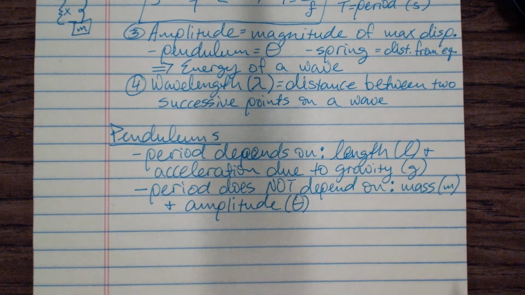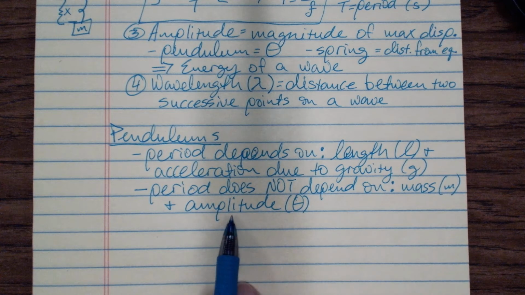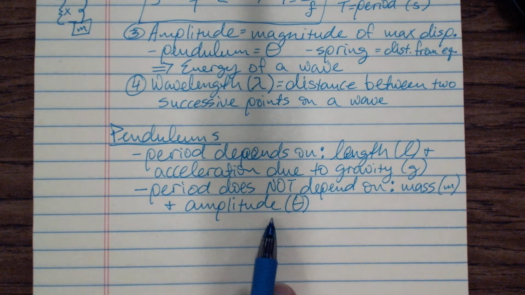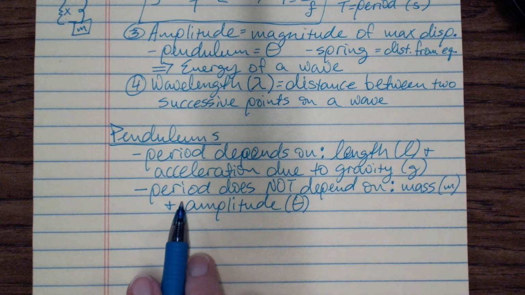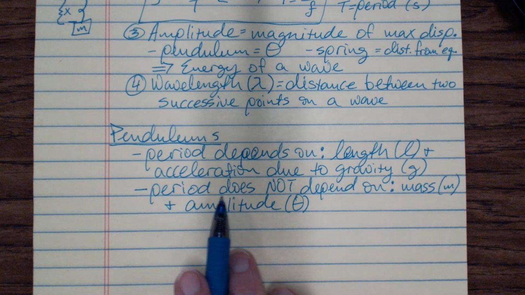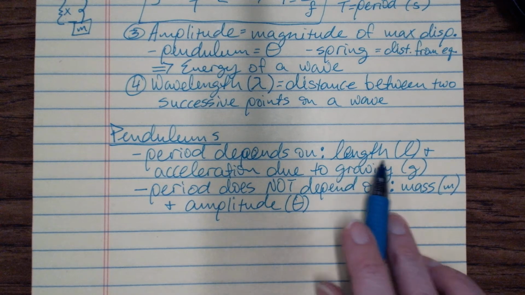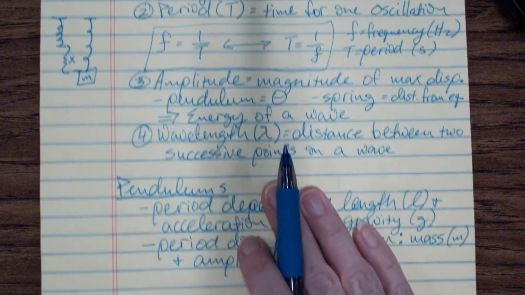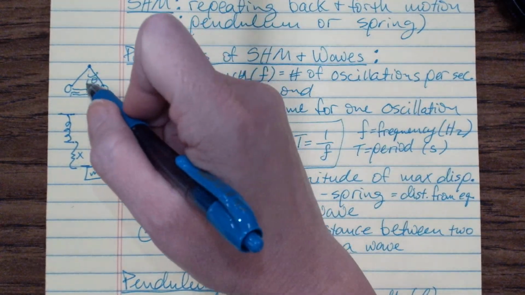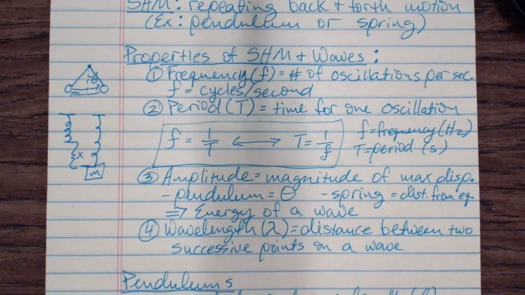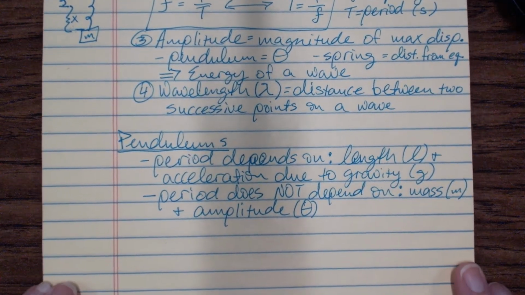It's still going to swing at the same angle if we take it to a different planet. No matter what mass we put on it, it's still gonna swing at the same angle, and it's still gonna swing for the same amount of time. These don't change it, but if we change planet, or if we change the length of the string that it's hanging on, so I don't know if you noticed a pendulum has a string, and change that length, it will change the period.